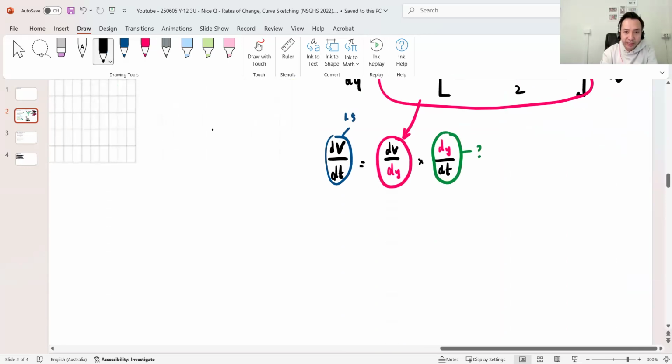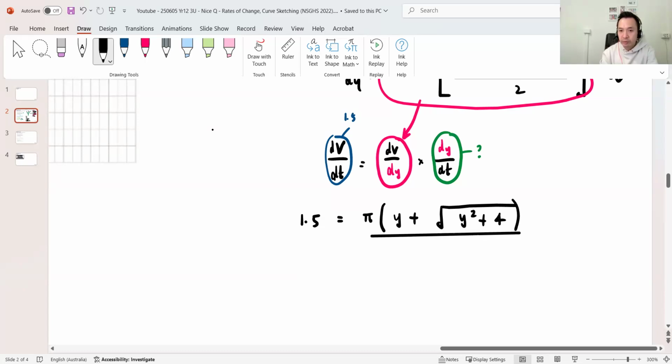So then what you're going to get is 1.5 equals pi multiplied by y plus square root y squared plus 4 all over 2 times dy/dt, which is what I want.